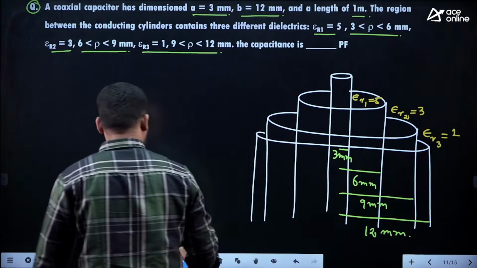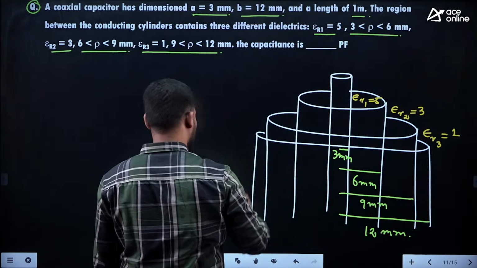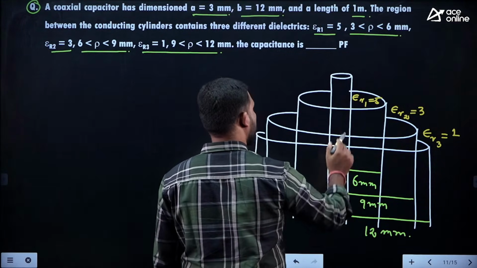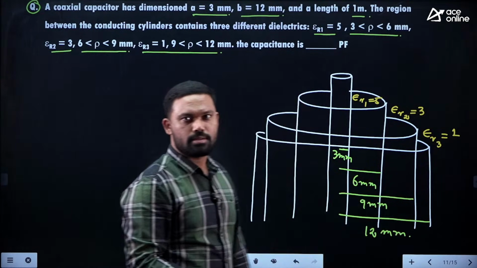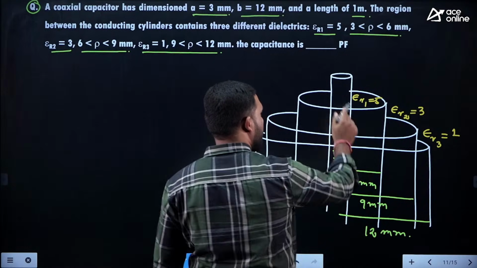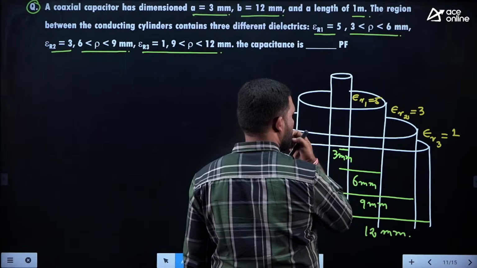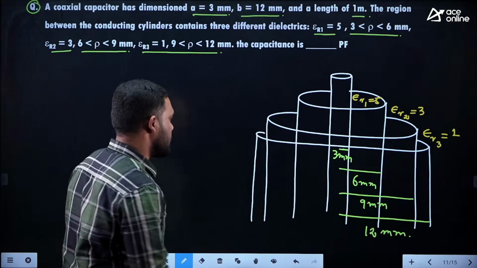So here what is happening is the voltage. The charge will split among all these things. So they will have the same voltage. As the voltage is the same, we can see this as a series connection, isn't it?